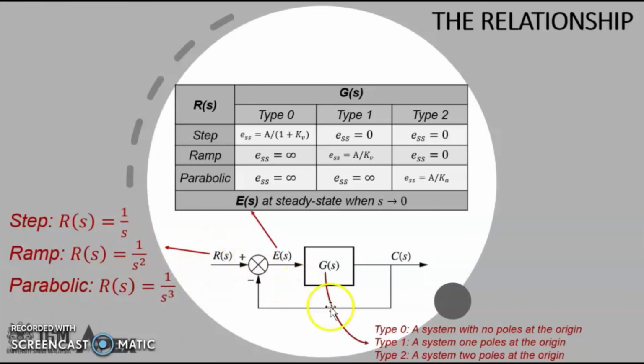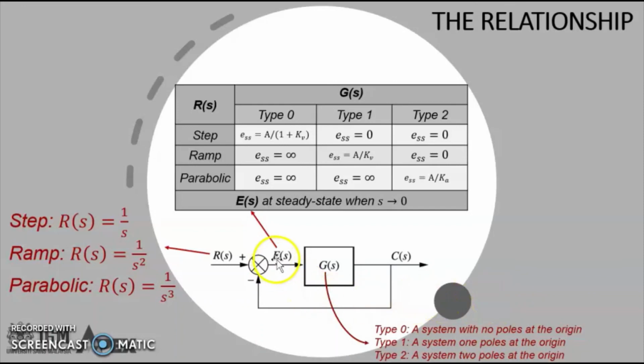So for G(s), it has 3 different types. Type 0 is a system with no poles at the origin, type 1 is a system with 1 pole at the origin, and type 2 is a system with 2 poles at the origin, meaning that your s equals 0.